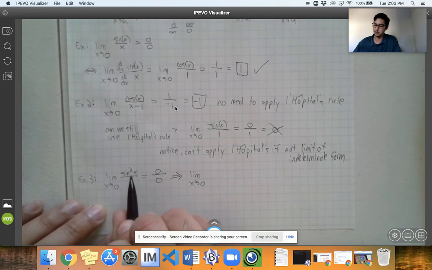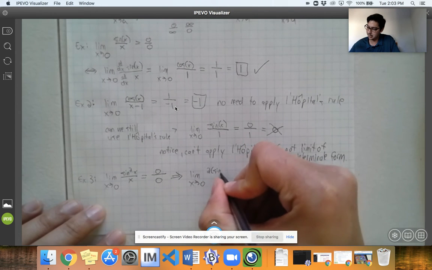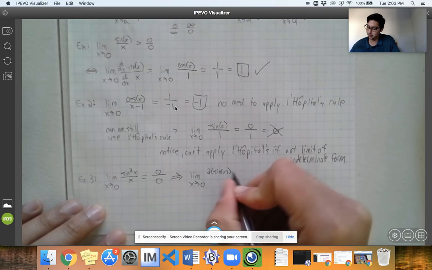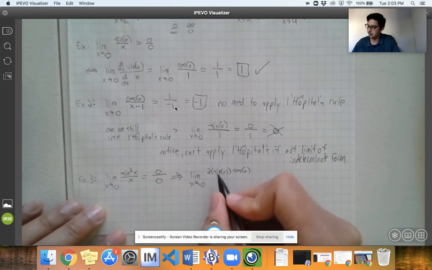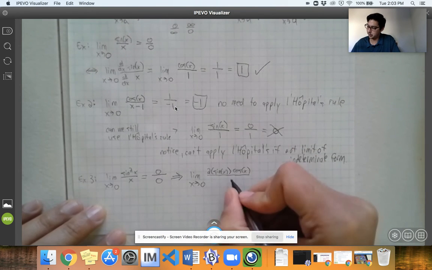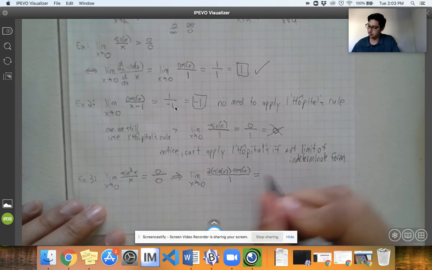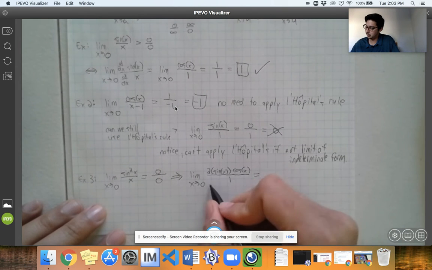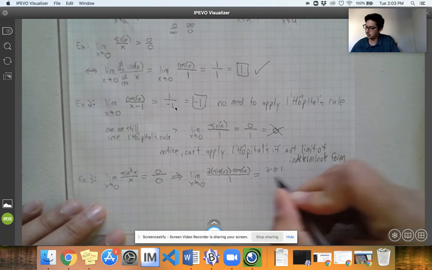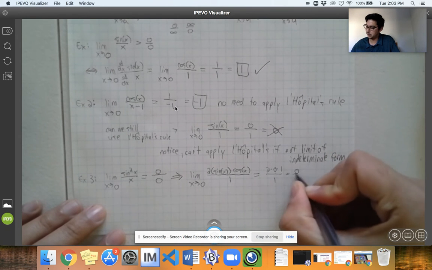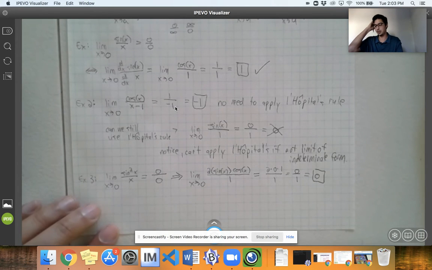Now this is chain rule, so it's the derivative of the outside, 2 comes in front, leaving the inside alone, times the derivative of the inside, and the derivative of sine of x is cosine of x. And then we take the derivative of the bottom, which is 1, and we ask ourselves, can we evaluate this limit? Well, if we substitute in 0, you would have 2 times 0 times 1 over 1 gives you 0 over 1, which equals 0. So therefore, there's our answer.